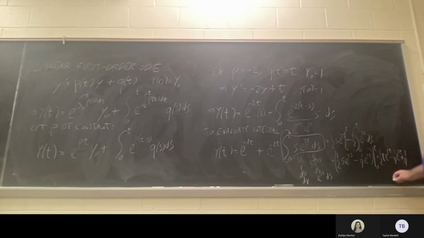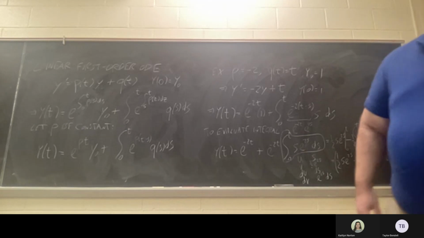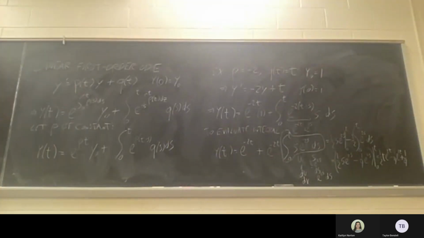Okay, I think I better do this on a fresh board, so I'll take a picture. If anyone has any questions before I erase, let me know. That was uv minus the integral of v du. Yes, that's the integration by parts formula. Yeah, just making sure.